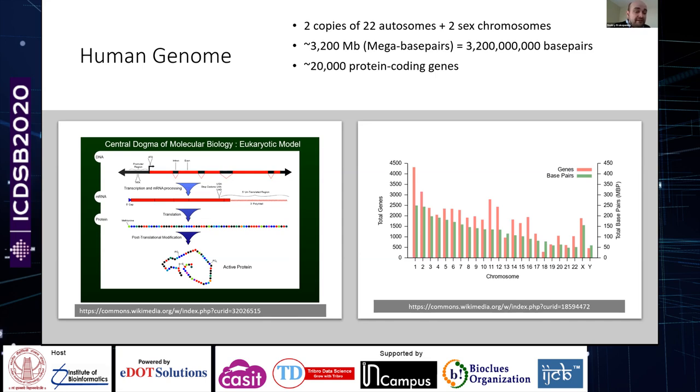And genetic data is fixed, and this is the reason why it's extremely popular to work with genetic data. Our human genome consists of 3.2 billion base pairs and contains more than 20,000 protein coding genes. So you can imagine how this is a huge part of the big data, which is pretty popular right now.